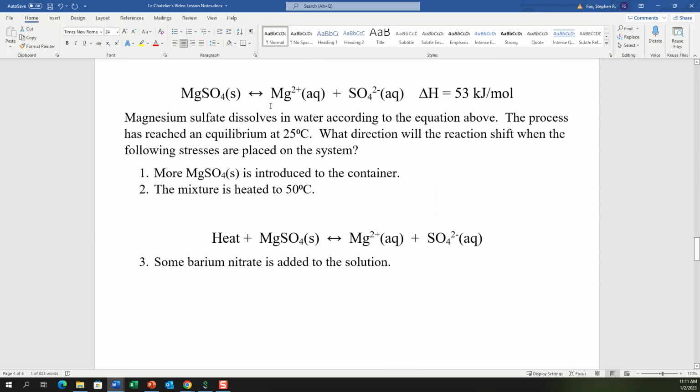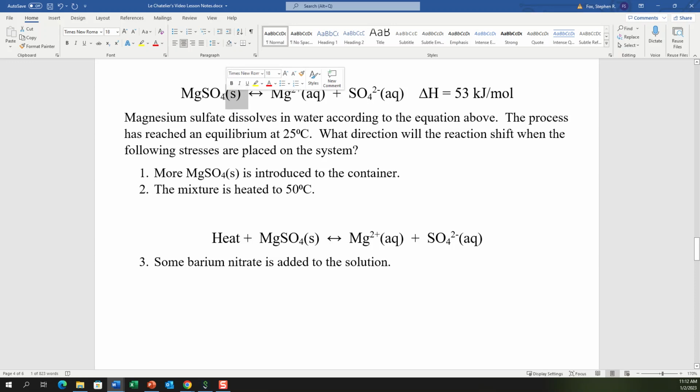All right, so let's look at this one. Magnesium sulfate dissolves in water according to the equation above. The process has reached an equilibrium at 25 degrees Celsius. What direction will the reaction shift when the following stresses are placed on the system? So again, we're just saying shift left or right, but we got to be a little bit careful now because we have a solid in here.